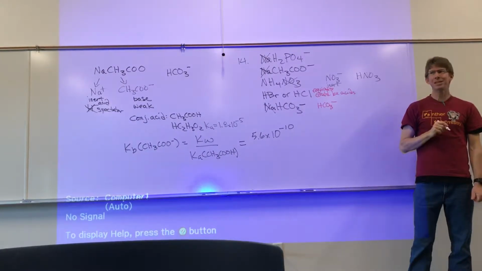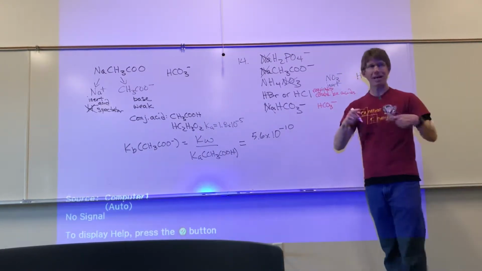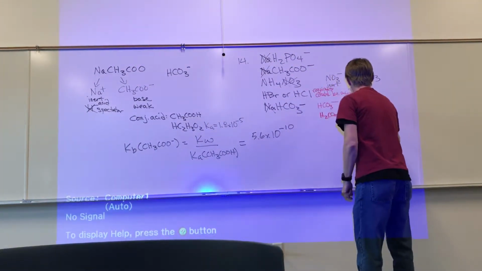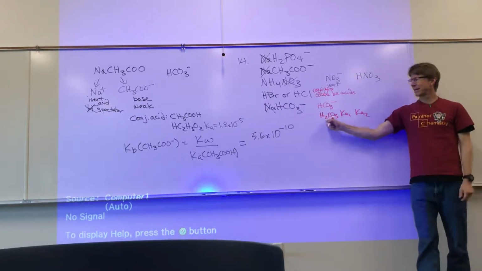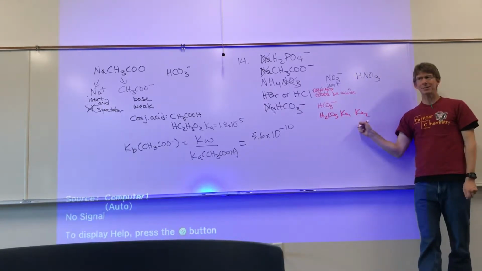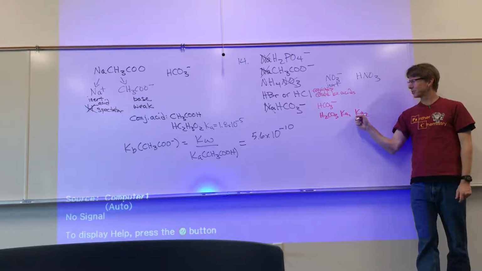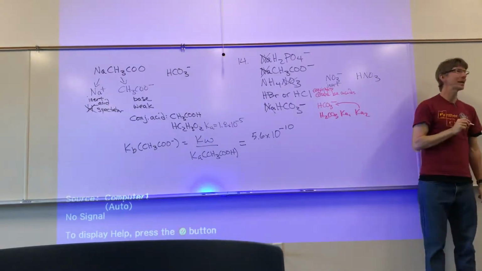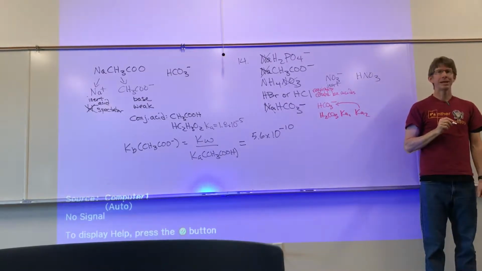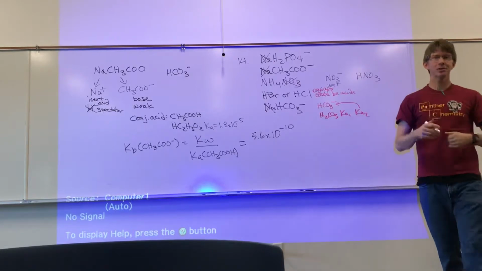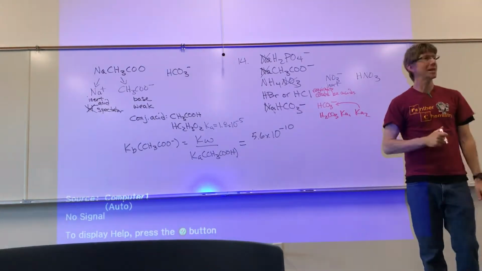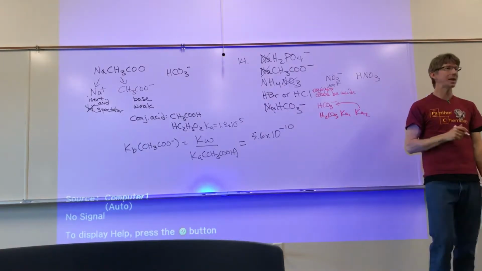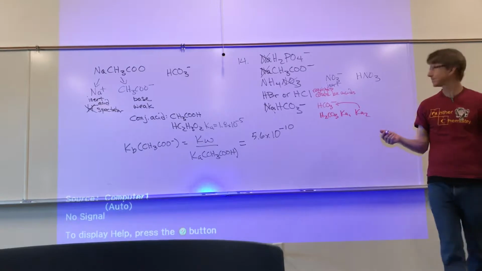The other way you can tell is, and this is again a bit abstract, but it will work: the carbonic acid has a Ka1 and a Ka2. If you know what these stand for, you know that Ka2 is the Ka for bicarbonate. And I encourage you to use those Ka and Kb tables to tell you what is an acid.